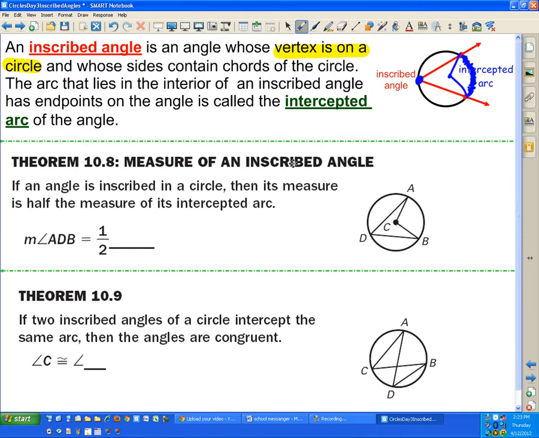So when we're talking about the measure of an inscribed angle, if the angle is inscribed in the circle, then the measure is half the measure of the intercepted arc.